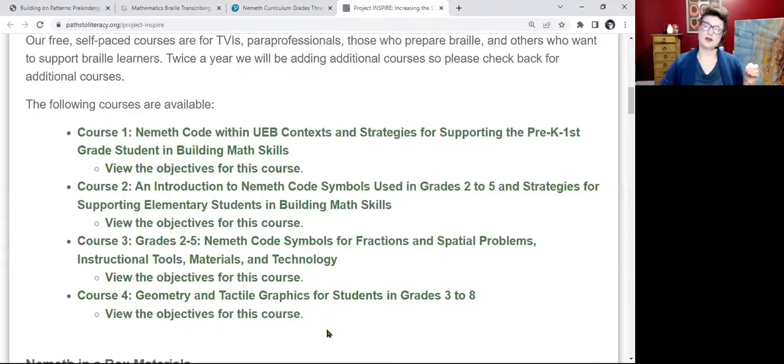It's not just a course for transcribers or those of us who are sight dependent and studying Braille for some reason. The Project Inspire materials are useful for those of us who create Braille for a tactile Braille user. The Project Inspire materials are also useful for someone who is a tactile Braille user.